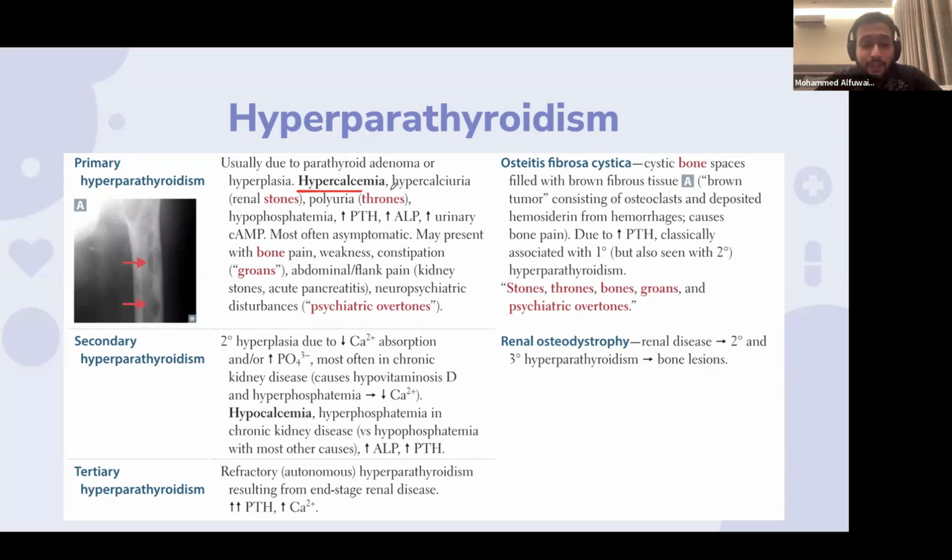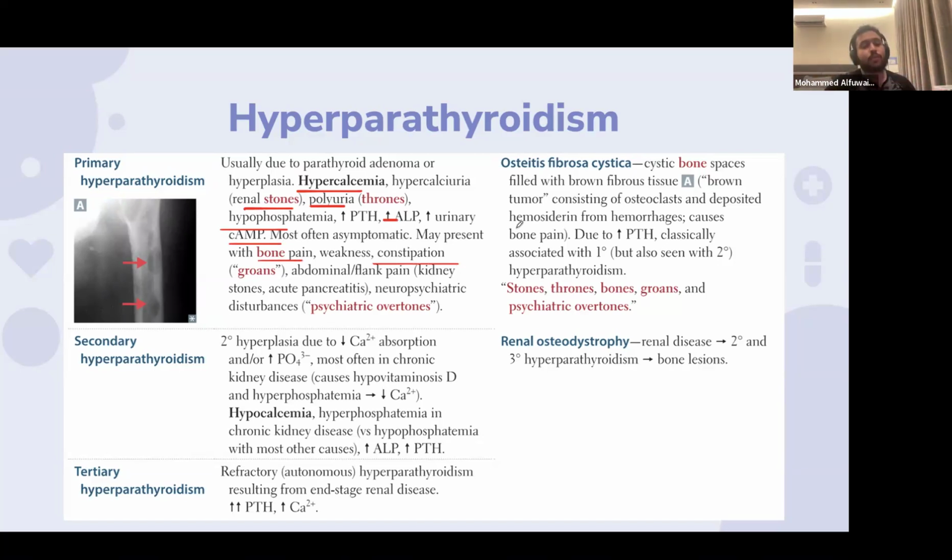So this is a risk factor for kidney stones. They will have polyuria because of the osmotic load coming from the calcium, hypophosphatemia as we mentioned, and high PTH, which is what's causing all of this. High alkaline phosphatase, why? Because of increased bone resorption, increased urinary cyclic AMP, and then they might have bone pain because of the increased bone resorption, weakness, constipation.